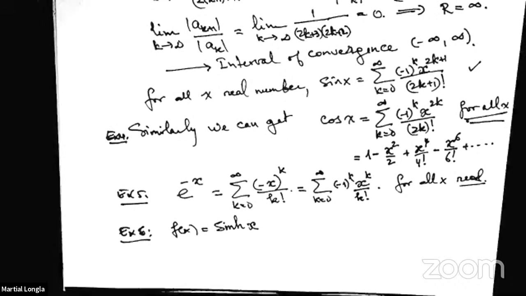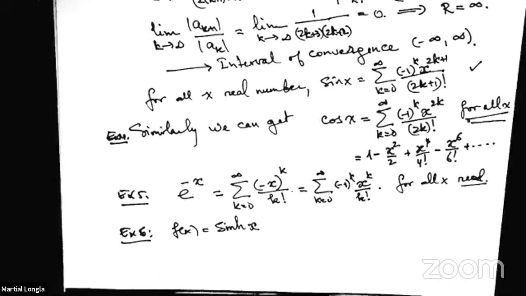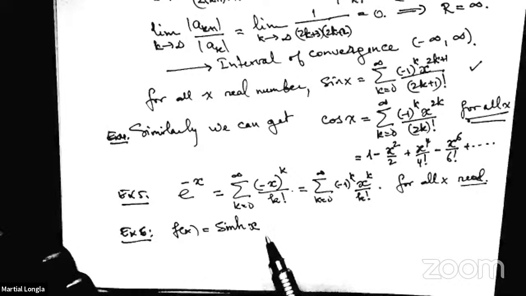If I don't want to do the work from scratch and take derivatives and plug in and find the formula, and I want to use these things, how can I get that? This would use the fact that you can add and subtract power series when they are defined on the same interval.